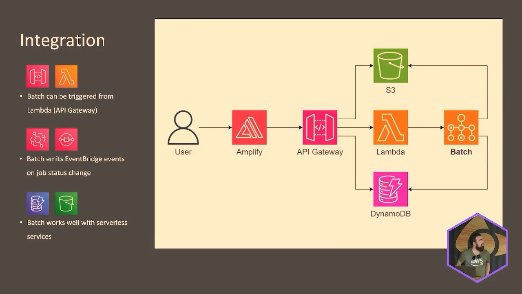Okay, let's look at a basic architecture diagram. This is how I would integrate batch in a basic web application. You can imagine your user connects to the front end, which is hosted on Amplify, and then API Gateway hosts the backend, and API Gateway runs on Lambda.